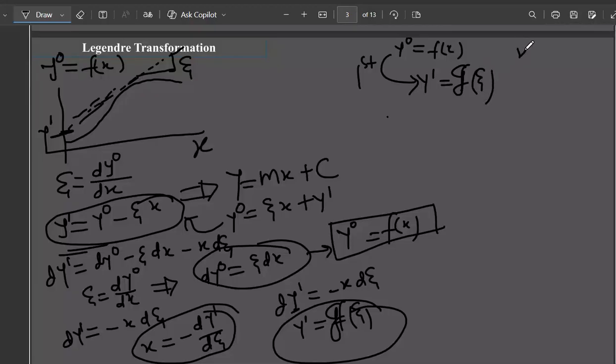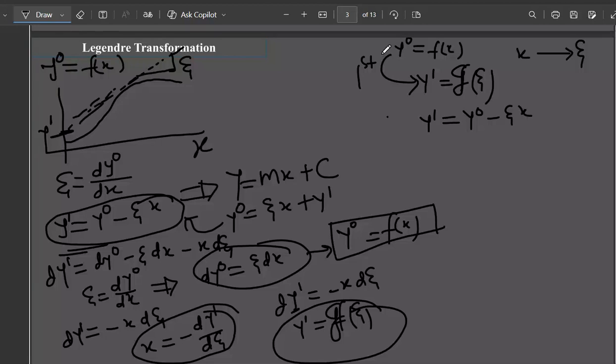And x is converted to the zeta function. The relation between these terms is y1 equal to y0 minus zeta into x. This summarizes the whole of these things.